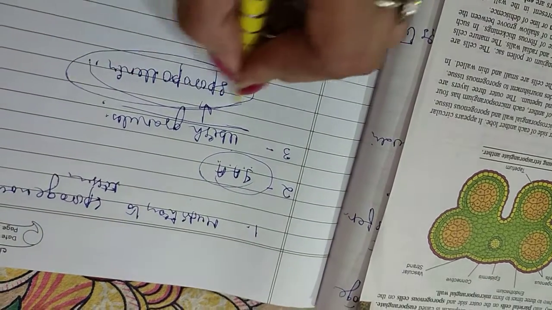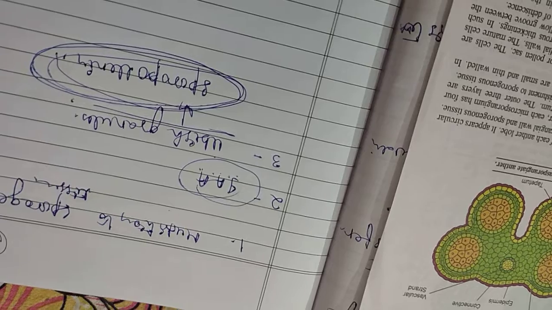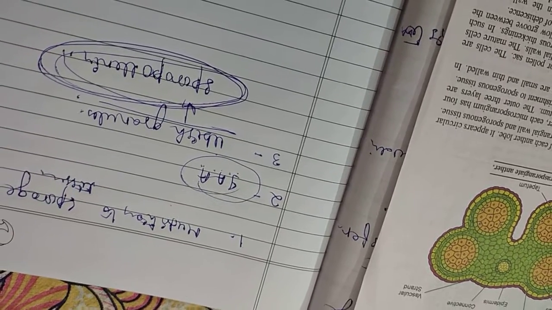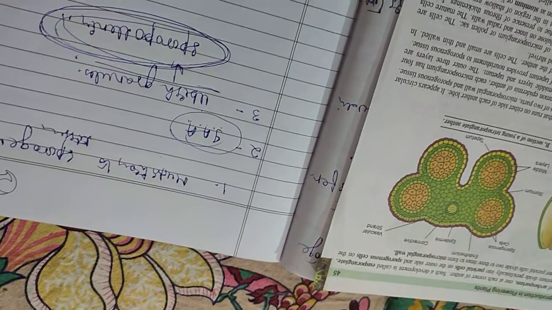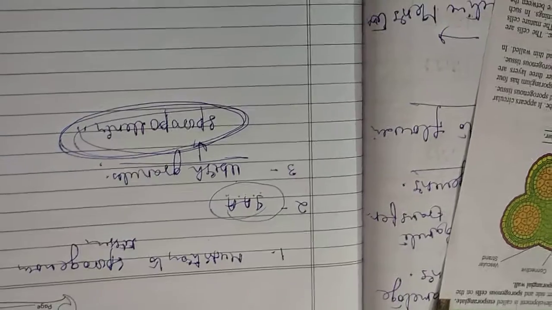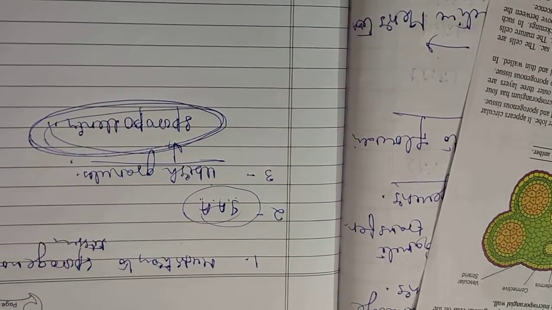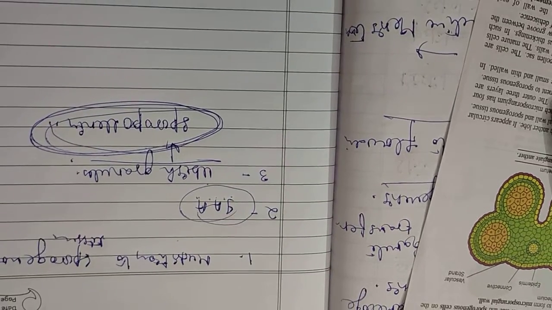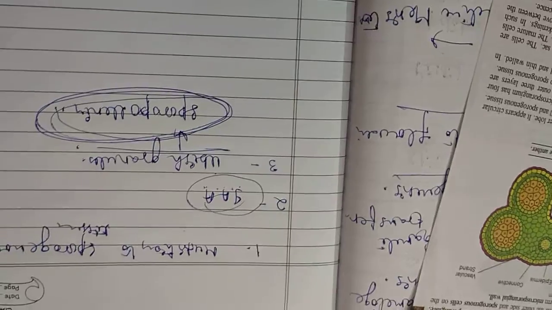Sporopollenin is very important from an examination point of view, and sporopollenin forms the exine, as the pollen grain has two layers, that is intine and exine. Exine is the outermost and intine is the innermost layer.